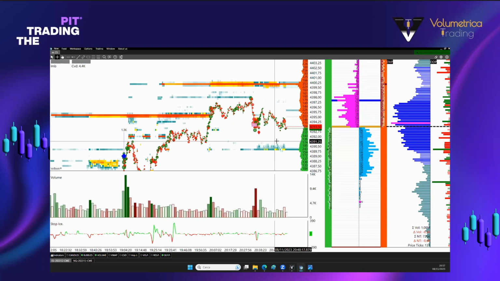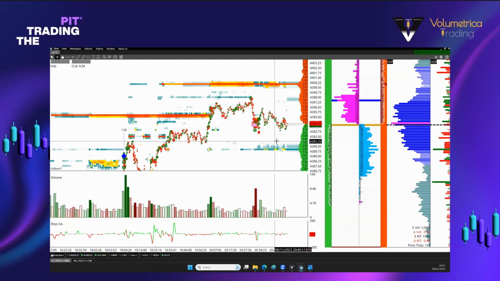Liquidity pools are the final indicator of where price will tend to be more accepting and where it will be less accepting.